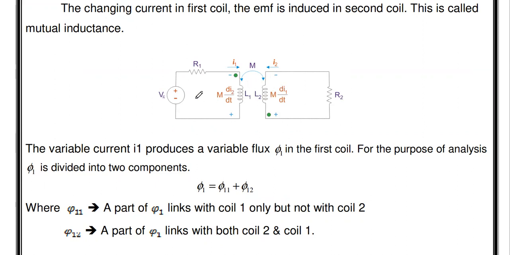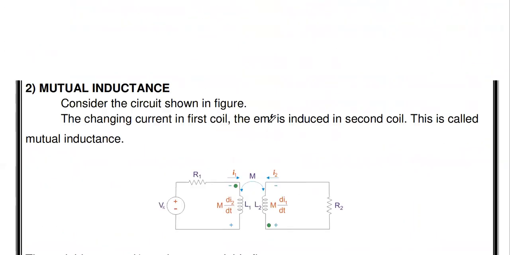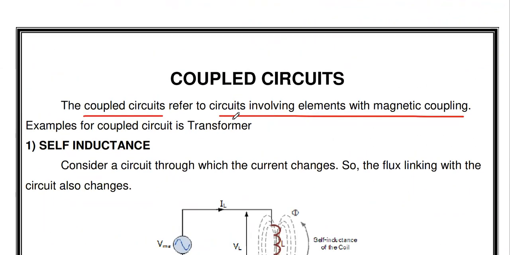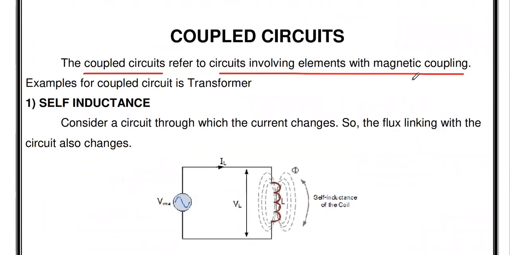Here we are applying voltage only in the first circuit, but because of this input voltage there is some EMF induced, and some current flows in the second circuit. That's why these two circuits are said to be coupled circuits. So a coupled circuit means a circuit involving elements with magnetic coupling. Wherever the elements are coupled with magnetic coupling, those circuits are called coupled circuits.